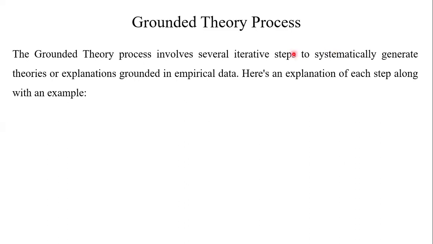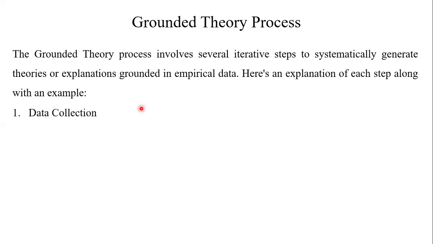The grounded theory process involves several iterative steps. Iterative means cyclic or repeating steps. These steps systematically generate theories or explanations grounded in empirical data. Here is an explanation of each step along with an example. I will let you know the complete process step by step.